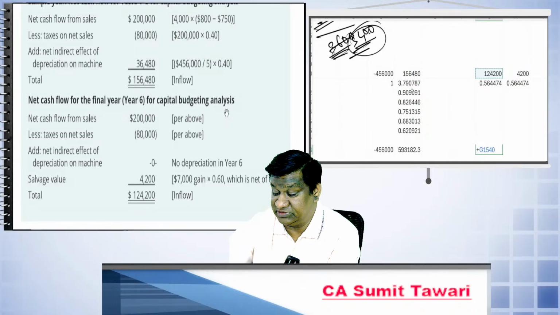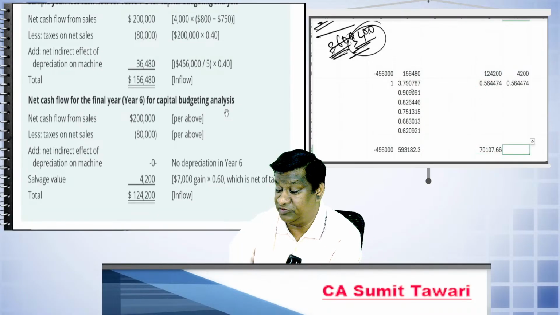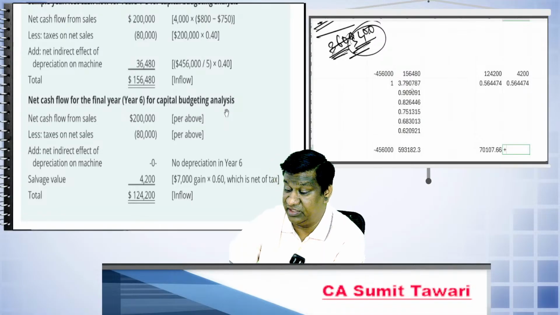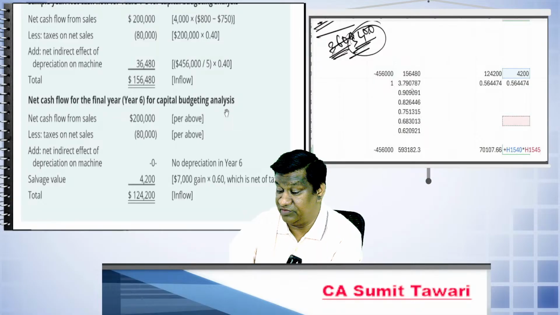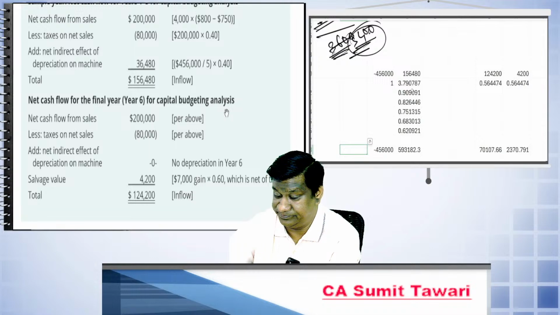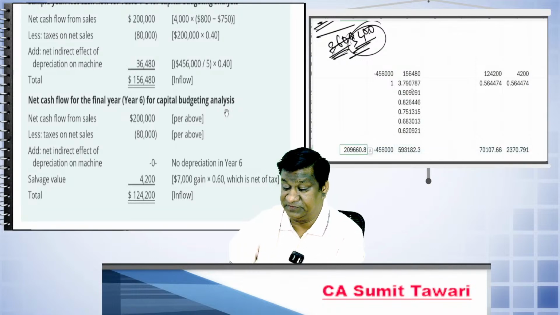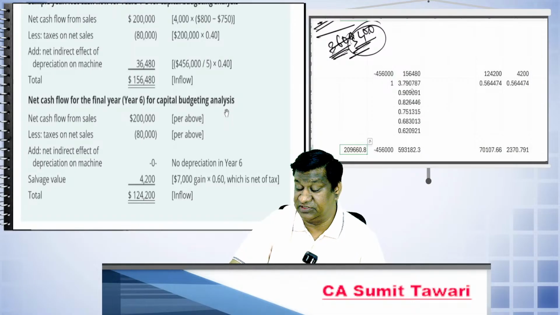Then for the sixth year we calculate separately, because for the sixth year the post-tax income is different, and then the terminal value. If I add together, this is basically 209,660, which is positive.